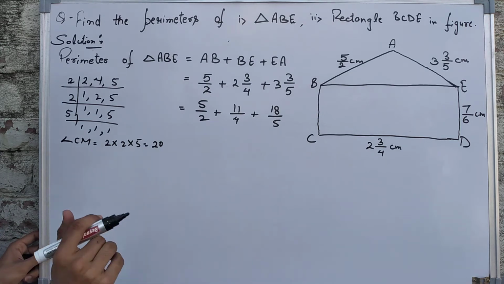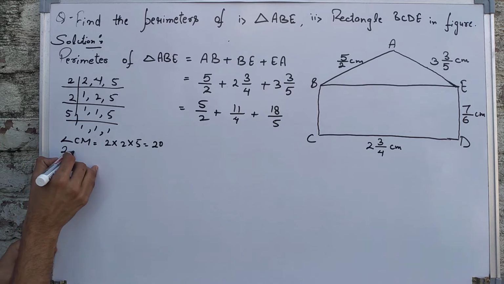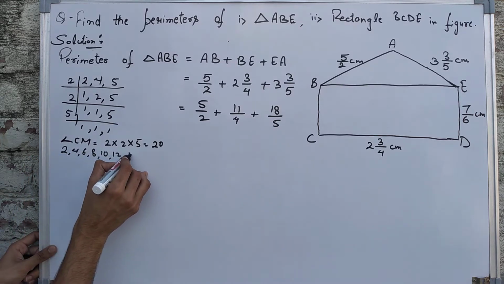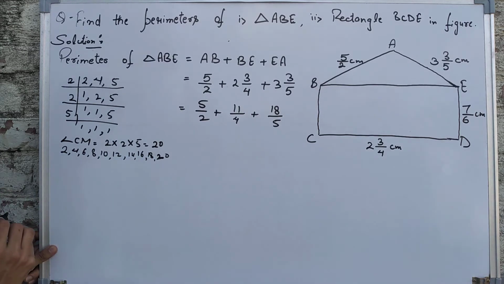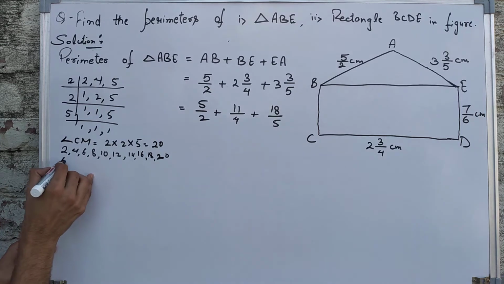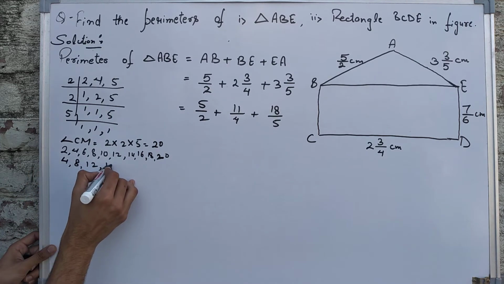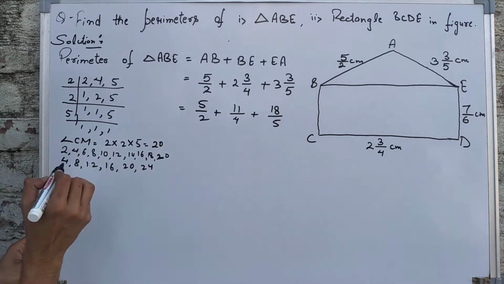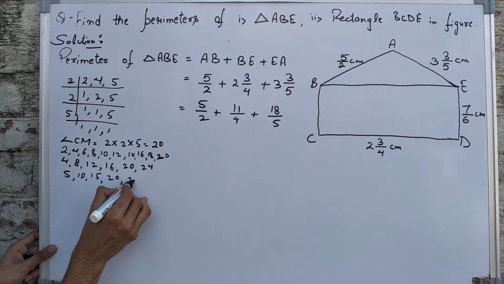Or if you see the other way, what are multiples of 2? 2, 4, 6, 8, 10, 12, 14, 16, 18, 20. What are multiples of 4? 4, 8, 12, 16, 20, 24. What are multiples of 5? 5, 10, 15, 20, 25.